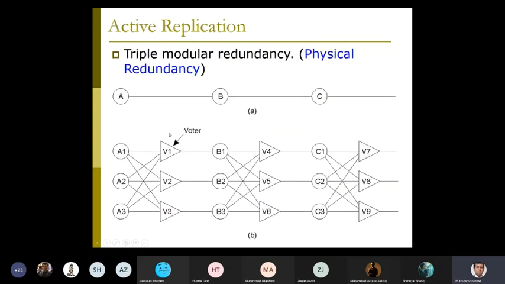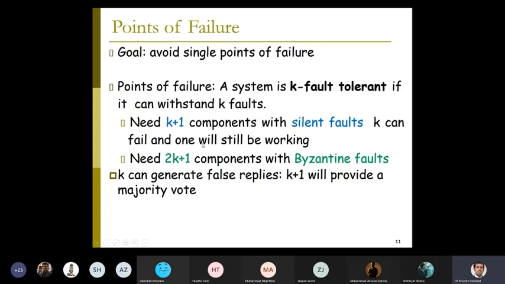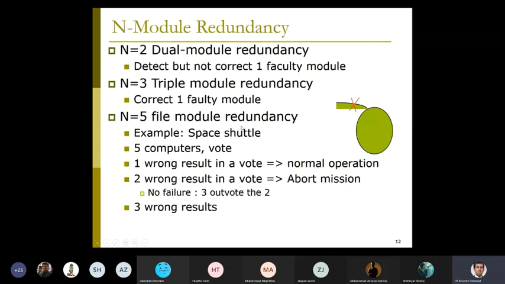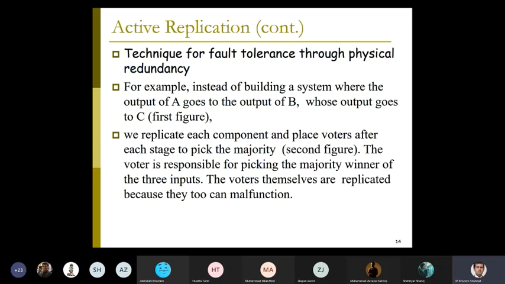So this majority scenario that we used here, and also in the 5 module system, could be introduced by replicating these components and then choosing the majority by using a vote. The voter is responsible for picking the majority winner.